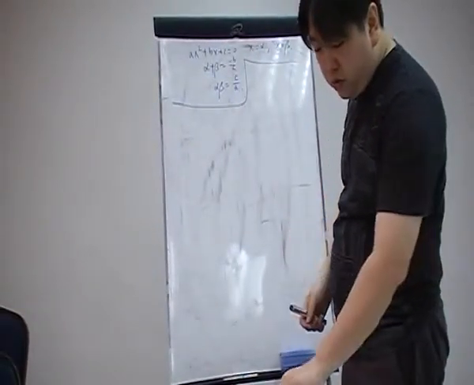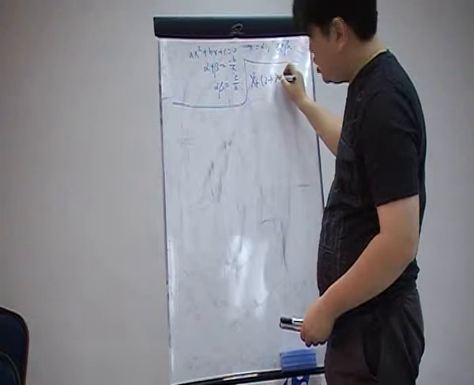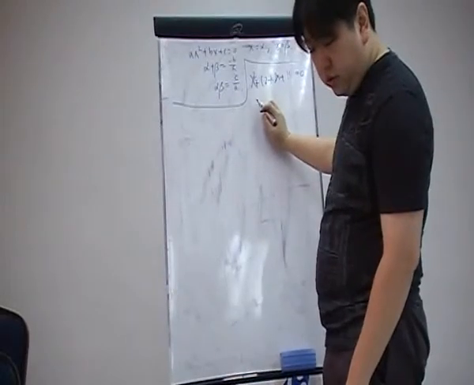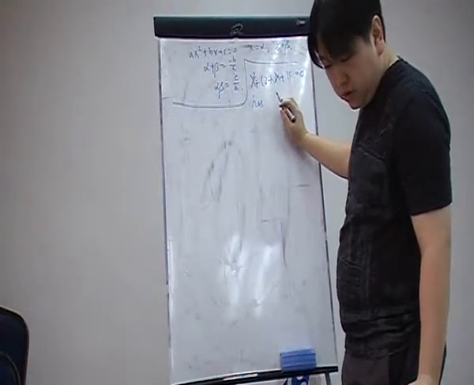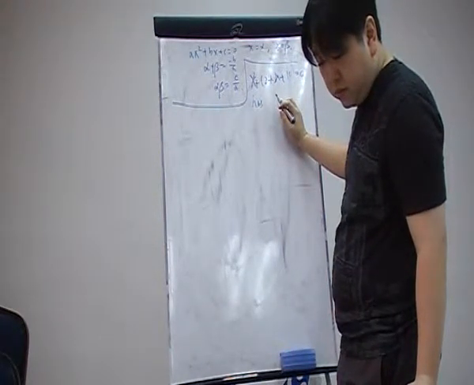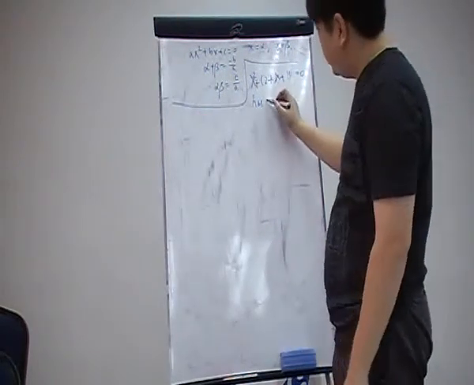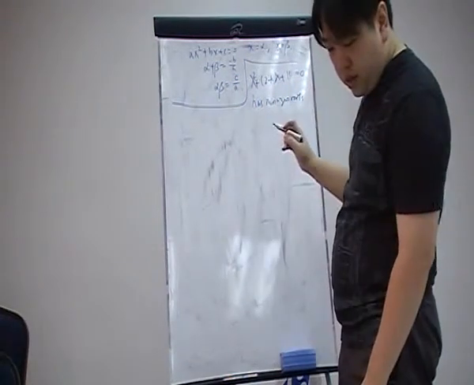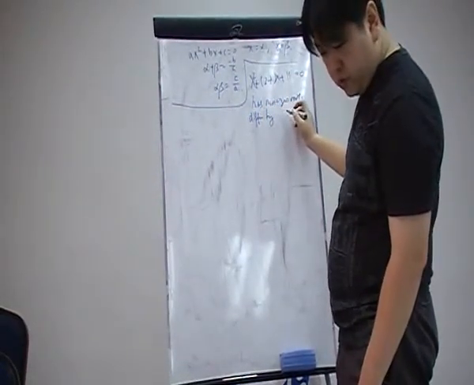Now, example 4. Given that the equation x squared plus (2 minus k)x plus k equals 0 has non-zero roots which differ by 2.